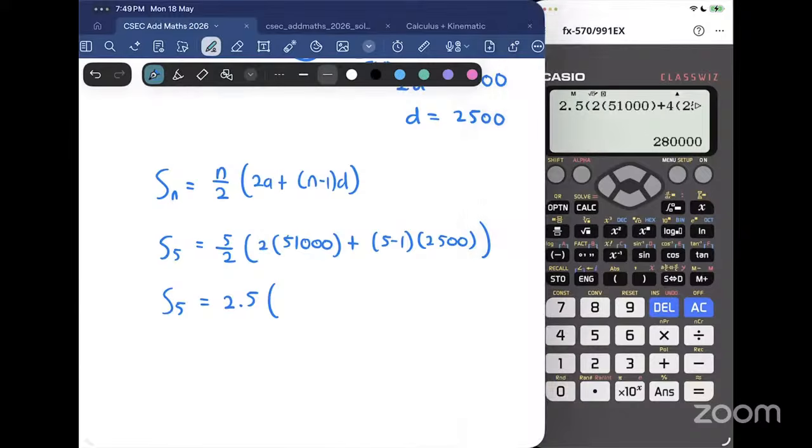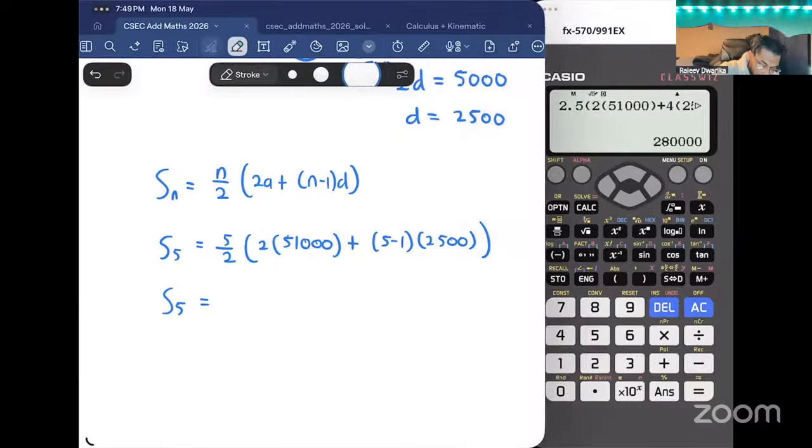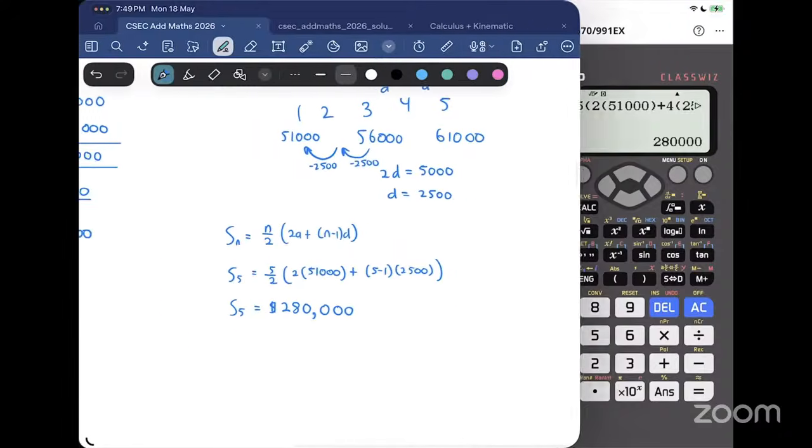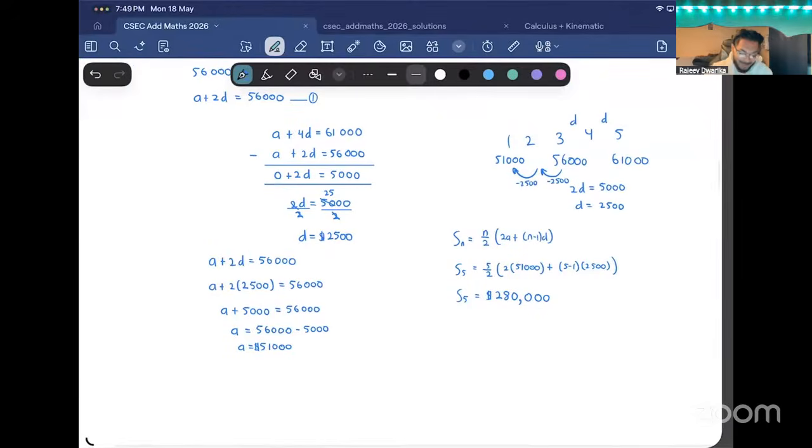What do I get? 280,000. I hope I get that right. $280,000. Anybody want to give me $280,000? Look, Romano. Yeah, big up Romano. Romano supported. Yeah, so that is S5.